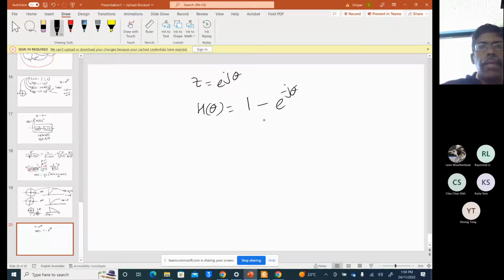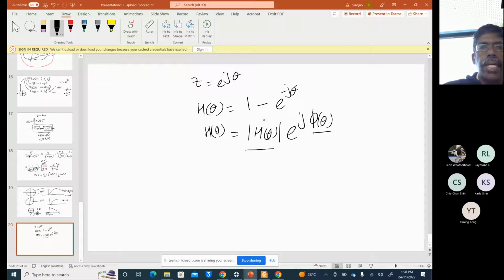H(theta) is the mod of H(theta) multiplied by e to the j phi(theta). Okay, so this is the magnitude response and this is the phase response, both together.